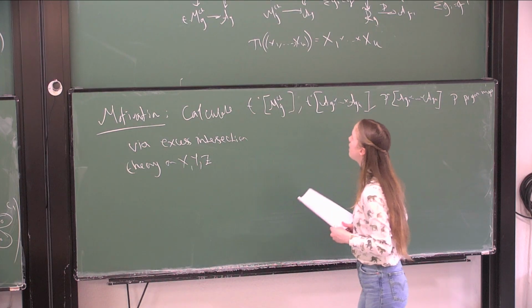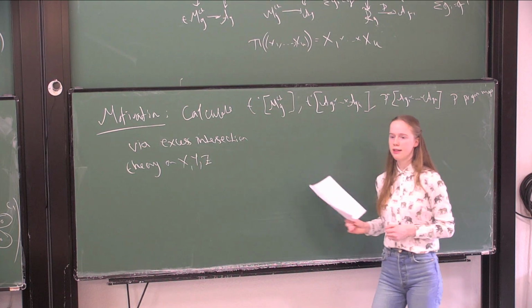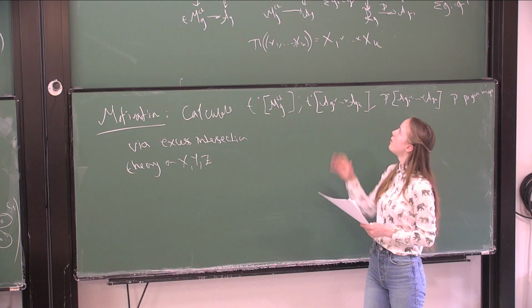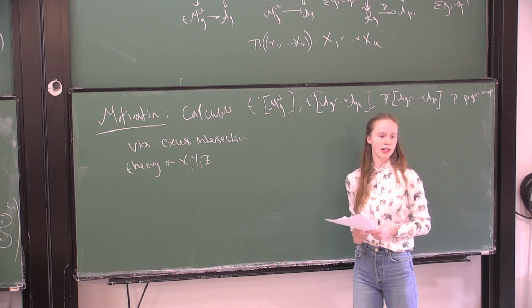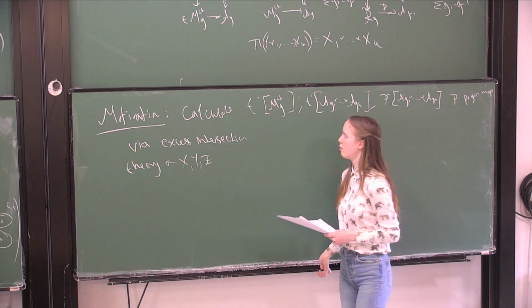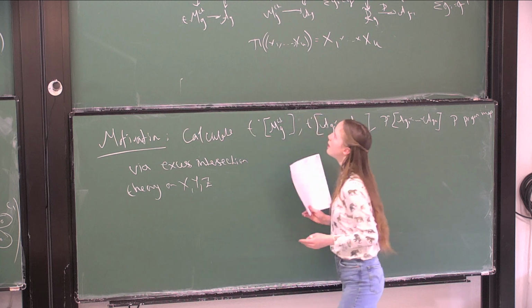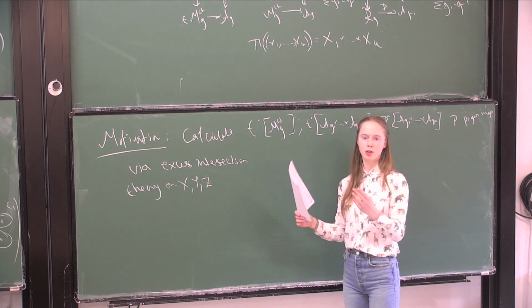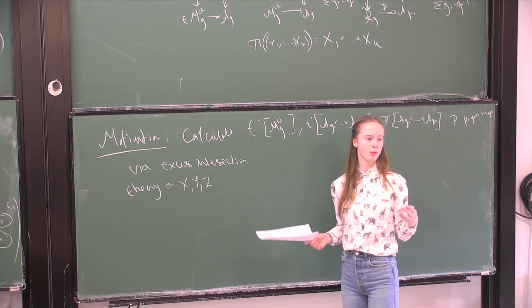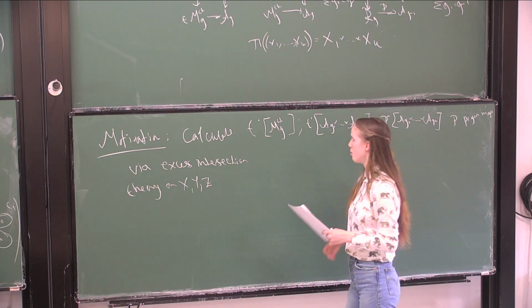But in order to calculate this intersection class, you need to understand the precise scheme structure of X, Y, and Z, and not just the geometric points. Because the intersection class will get contributions from the various components and from their intersections, and also if you have some non-reduced structure, you can get some contribution from there too.